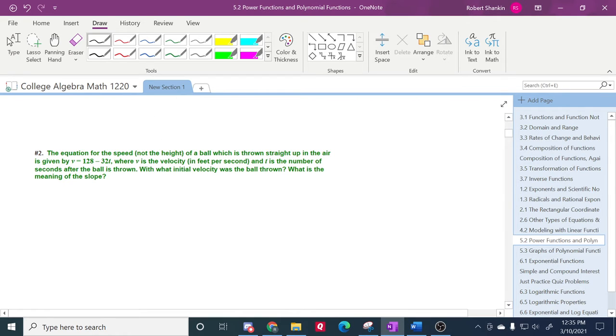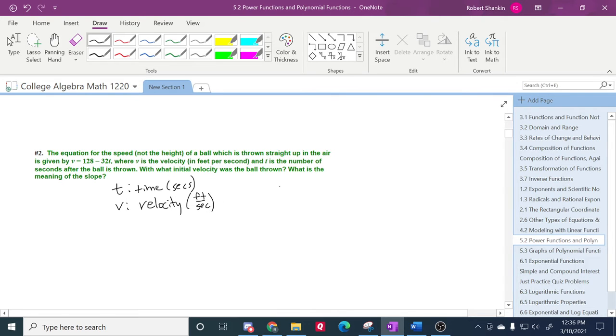Alright, so I'm going to pull out all my tricks. On tougher ones, I write the input variable and the output variable, but give a brief description. T is time in seconds, and V is the velocity, and it's in feet per second.